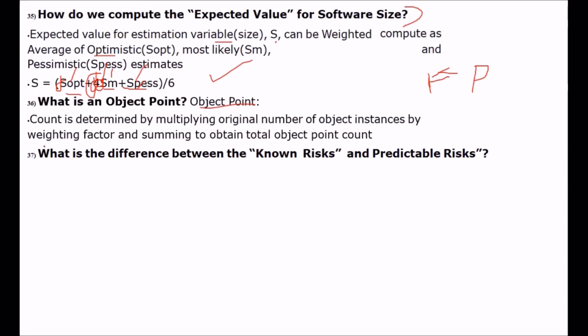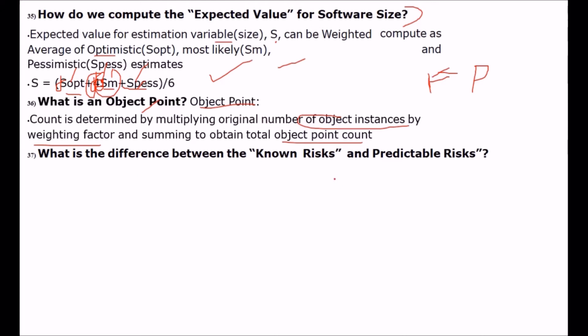Object point is a count which is determined by multiplying the original number of object instances. So if we have a class, we will have objects also. So multiply the original number of object instances by the weighting factor. What is the weighting factor? For example, in the previous question we have answered this to be 4. The coefficient is 4, so there has to be some weighting factor. Then summing gives the total object point count.